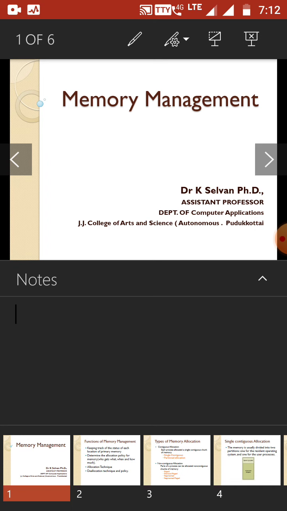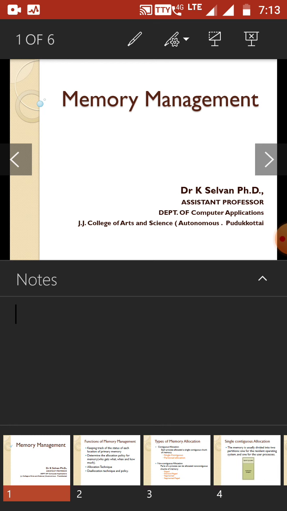Memory management, device management, processor management and information management are the four major functions of an operating system. Among these four, the first one is primary memory management.